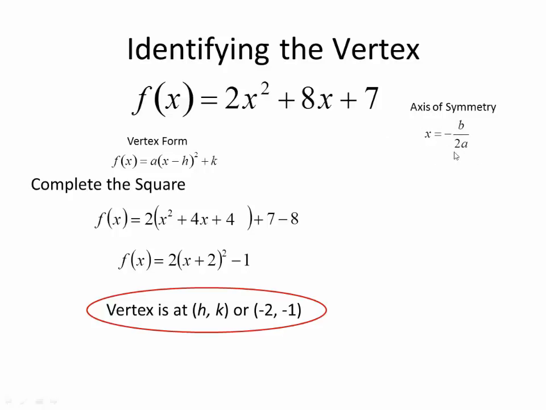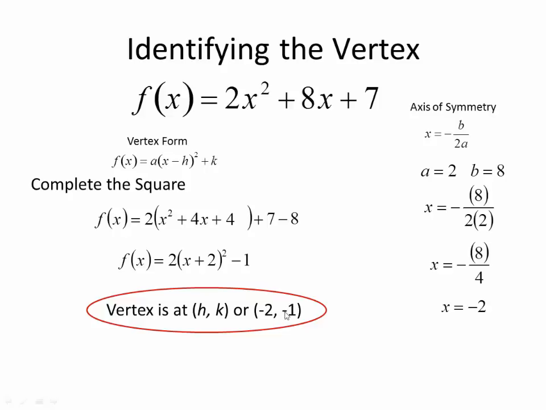Okay, that's a formula that you need to write down for the axis of symmetry, and you had a formula for the vertex form. So putting the 8 and the 2 here, we get negative 8 over 2 times a, which is 2. So negative 8 over 4, right, which is just negative 2. So that's how we get this x here, which is h. This is my axis of symmetry, and that was going to give me the h.